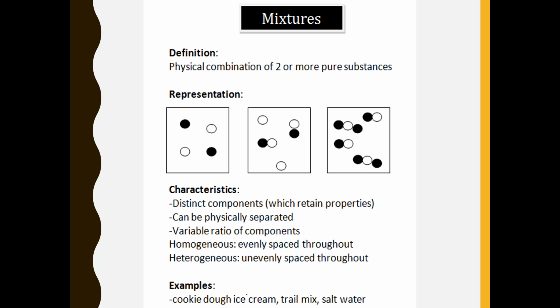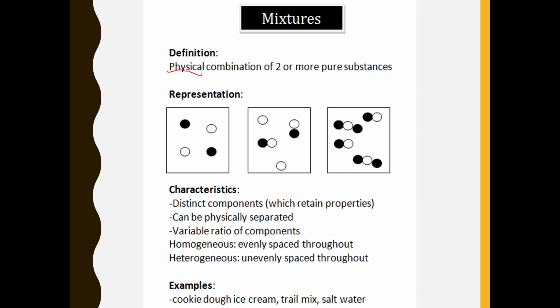The last part that we have with elements and compounds is mixtures. Mixtures are actually a physical combination of two or more pure substances. We know that our two pure substances could be elements or compounds. So now that we take an element and a compound and put them together, this is where we're going to start having mixtures.